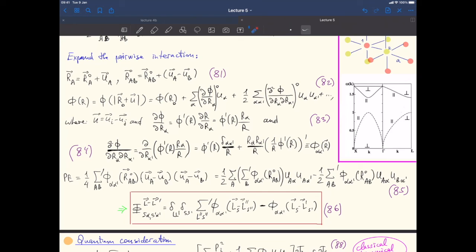And by the way, it's easy to see that first of all, this force constant matrix does depend explicitly on the difference of the lattice vectors, as we proved before, if you remember, quite generally using the periodic symmetry of the crystal. That's the first point. The second point, if you look at this expression very carefully and sum, say, over L or L prime, you will find that the sum here would cancel out with the sum here.